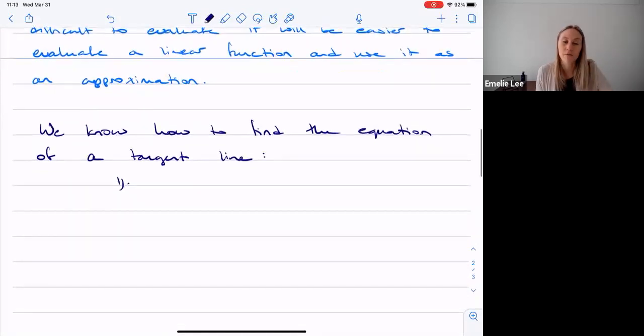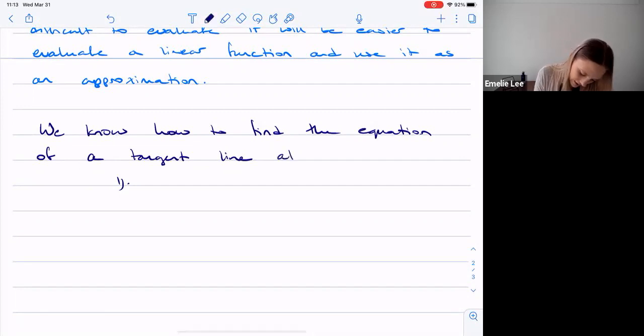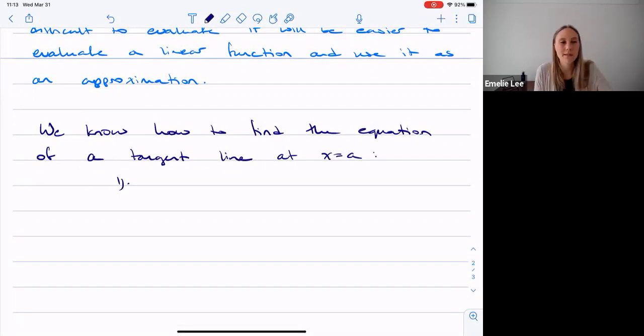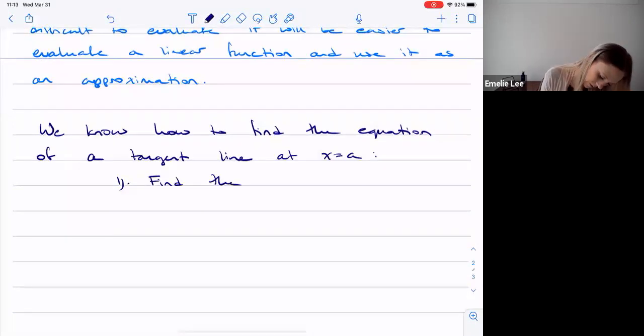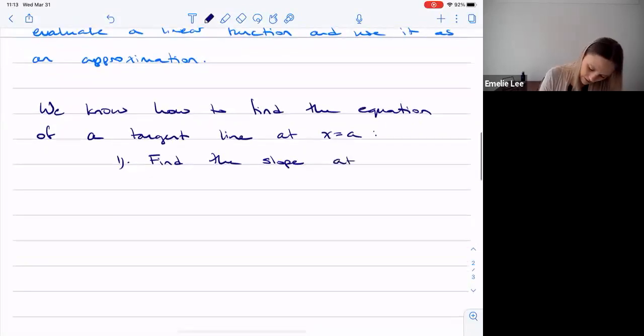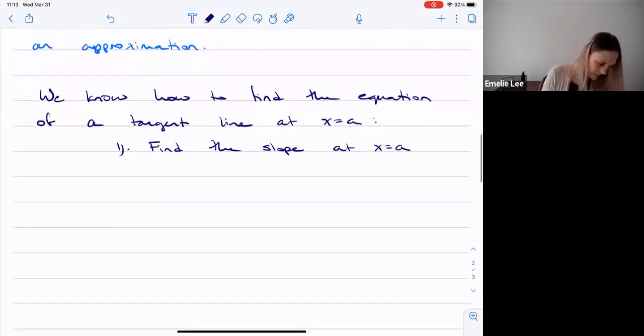First, we have to find the slope at some point a, of a tangent line at x equals a. So what do we have to do? Well, we have to find the slope. First step, find the slope at x equals a. Well, the slope is the derivative evaluated at a.